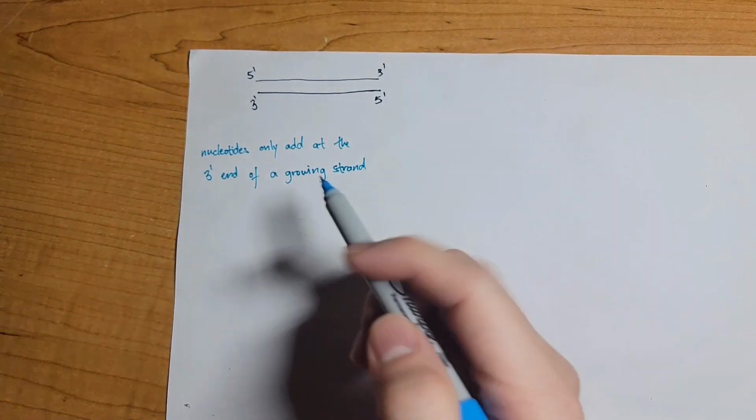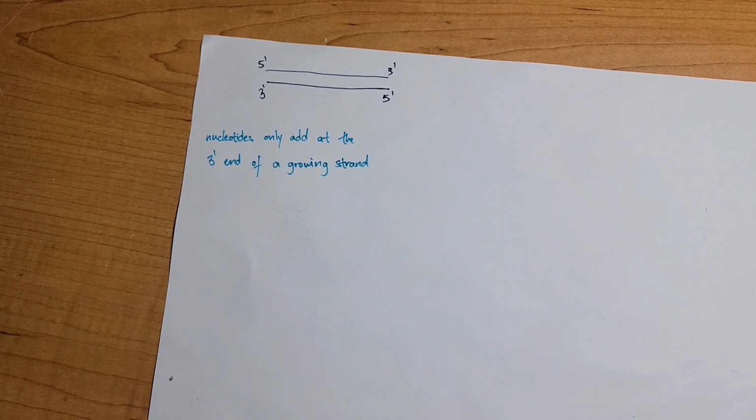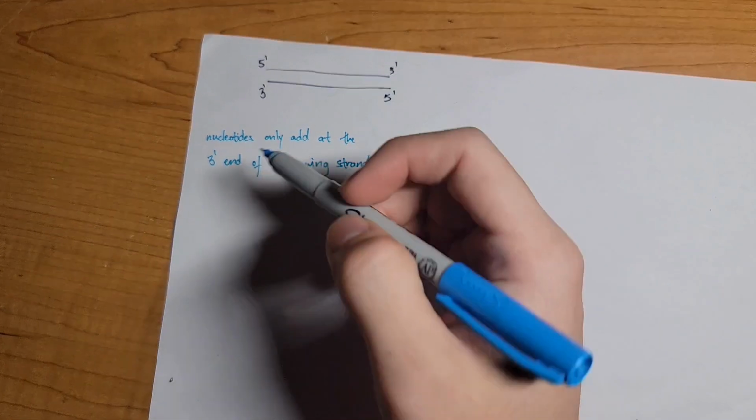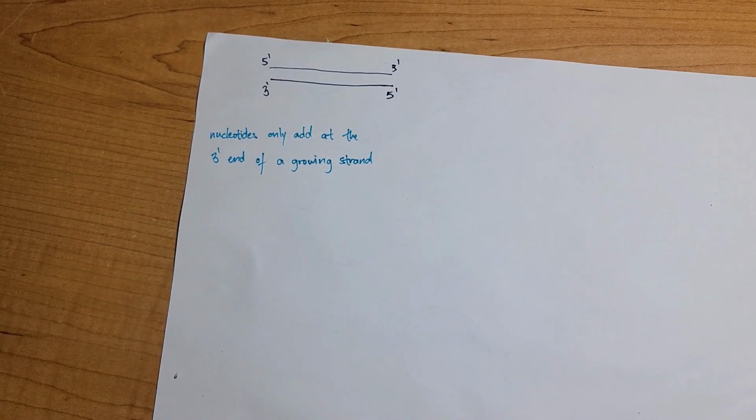This is one of the important things that we need to know, especially in biology. It doesn't add on the 5' end, it doesn't add on the 2', 1', or 4'. It only adds at the 3' end. It has something to do with DNA polymerase and its proofreading ability, but I will not be going into detail about that. You'll be learning that in cell biology or higher level classes.